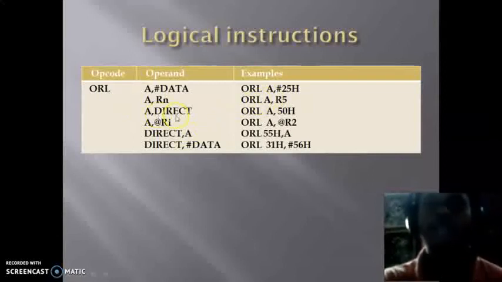Next, ORL A, direct. For example, ORL A, 50H. Here the OR operation is performed between the content of A and the content of RAM location 50, and the result is stored into the accumulator, and we get the effects on the flags also.